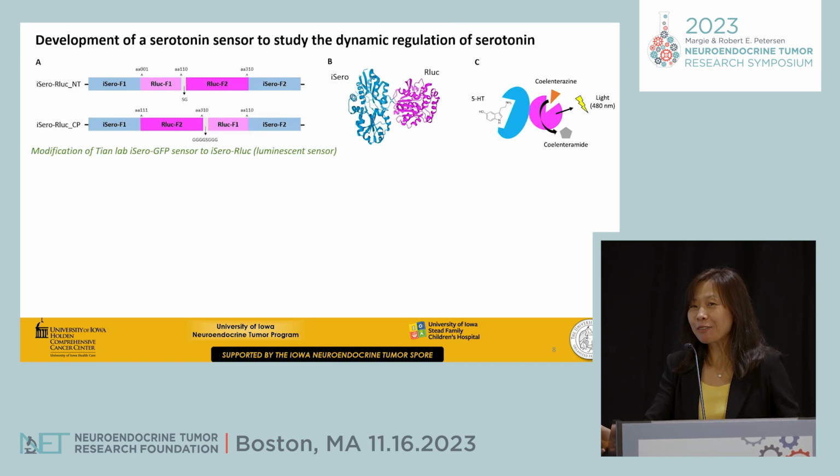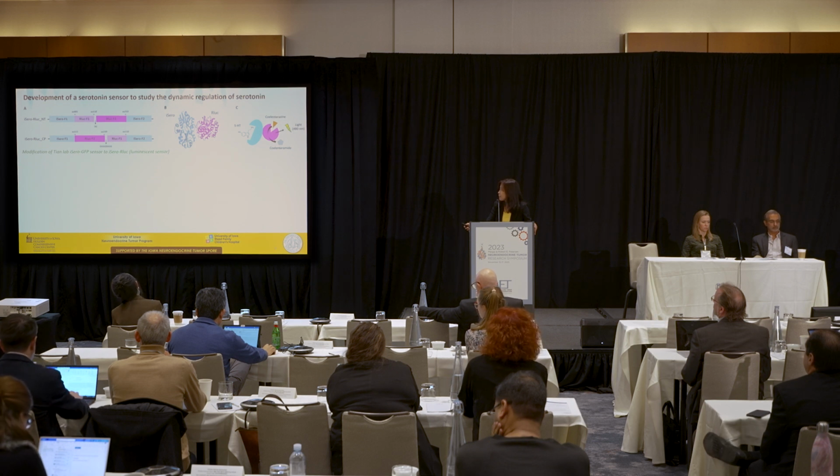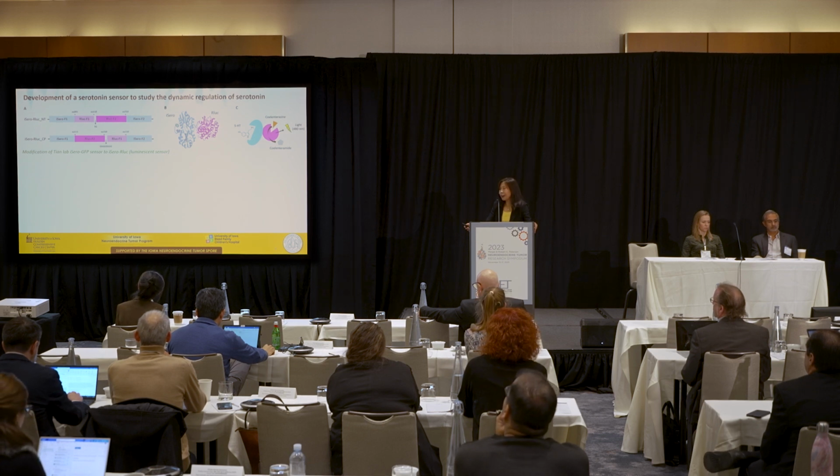So in my lab, we wanted to dig a little bit deeper, but of course, studying serotonin metabolism is quite hard, and I'm a biochemist by training, and I find it hard. So this is why we decided to develop other tools for studying serotonin metabolism. Luckily, there's a recently developed green fluorescent sensor for serotonin from the Tian lab, and we thought it would be nice to adapt it into a luminescent sensor.